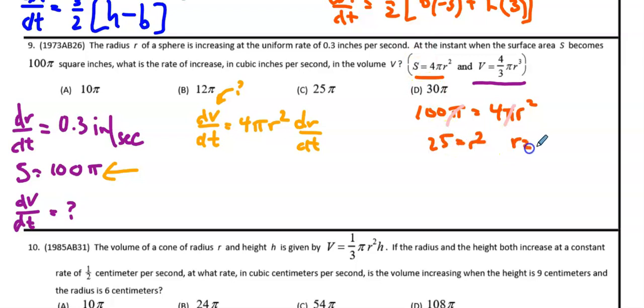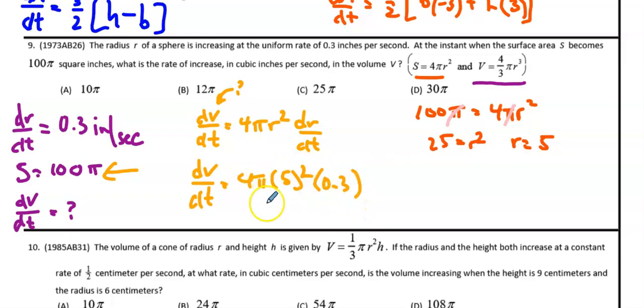And then r is going to be equal to positive 5, because it's a radius, right? We can't make it negative 5, since distance is not negative. So now I know that the radius is 5, and now I have enough information to actually solve this problem. So dV/dt is equal to 4 pi, now times our new radius, 5, squared, and then 0.3.